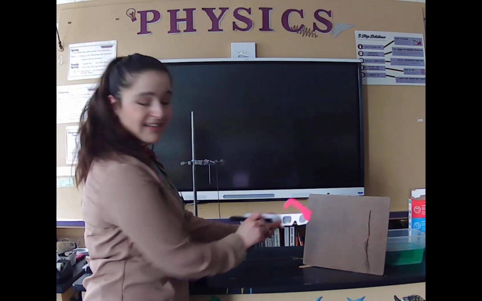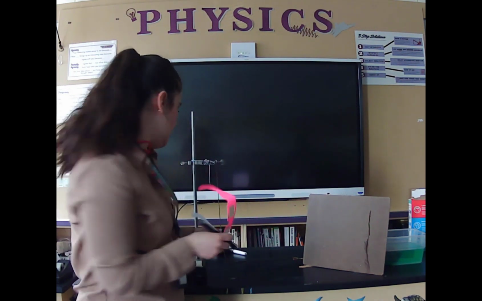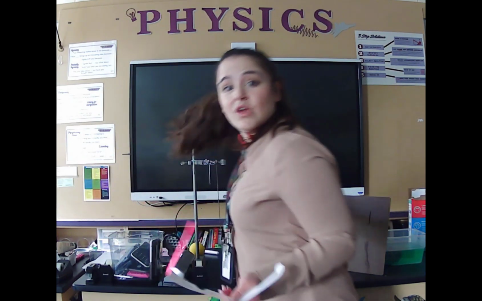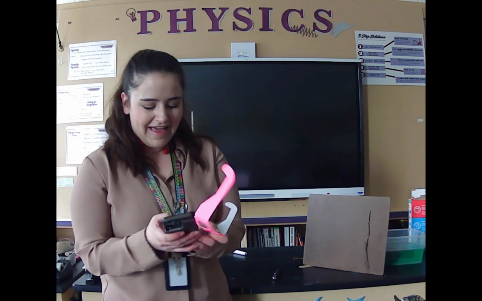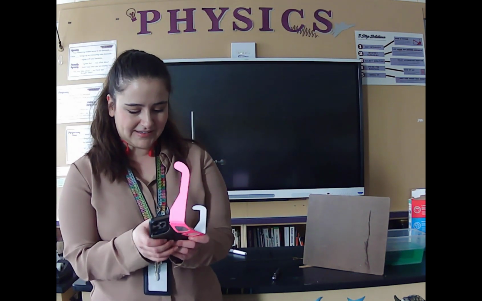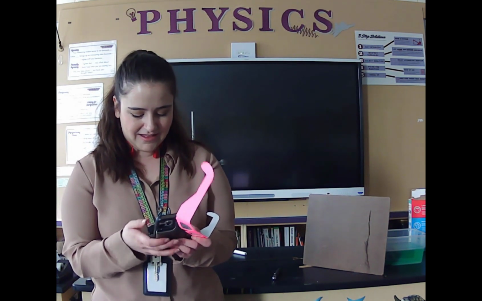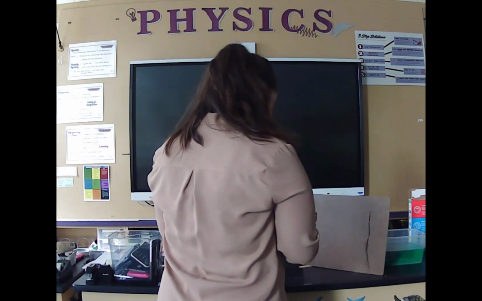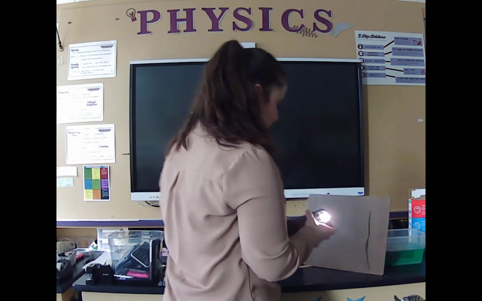What's cool is diffraction does depend on the wavelength, so different colors of light will diffract differently. That's how you can get some cool effects. These are diffraction grating glasses, so they diffract all of those colors. Isn't that cool? So that is diffraction.